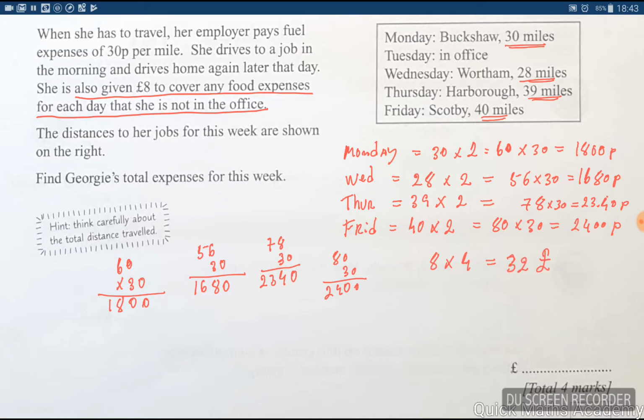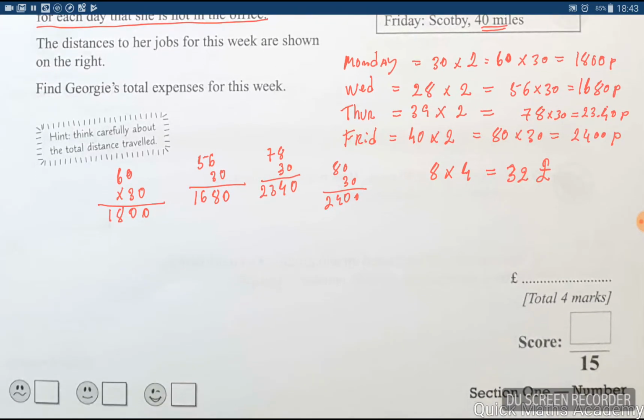So all the expenses together is the sum of all this. I'm going to do it here at the bottom. We have 32 pounds, then 18 pounds, then 16.80, then 23.40, and then 24. All this combined will give us the total result.